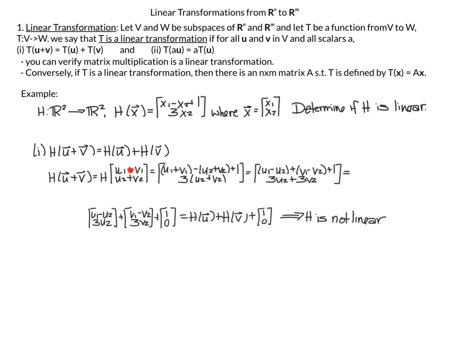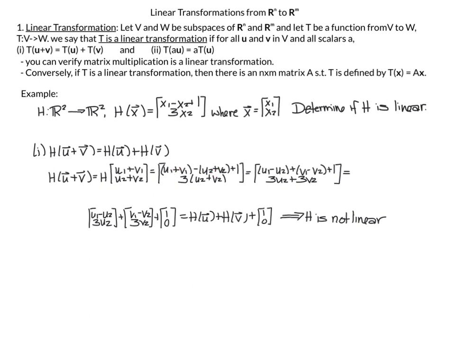So here, again, u and v, since we go from R2, are two-dimensional vectors. So u is equal to u1, u2, and v is equal to v1, v2. When I add them together, I'm going to get h of u1 plus v1, u2 plus v2. Plugging this into my transformation, I get x1, which is u1 plus v1, minus x2, which is u2 plus v2, plus 1. For my second coordinate, I get 3 times x2, so 3 times u2 plus v2.